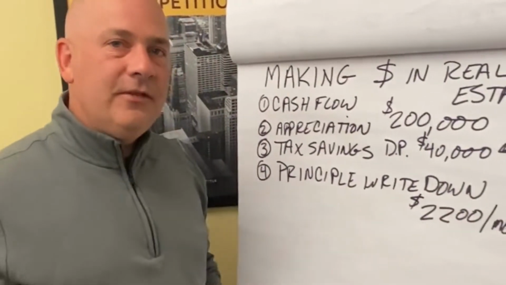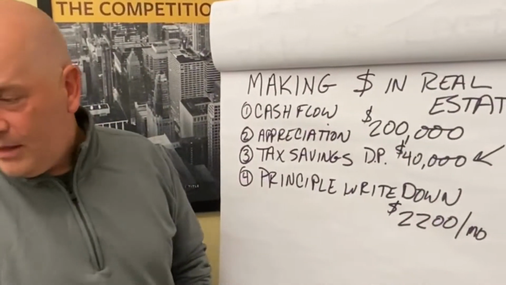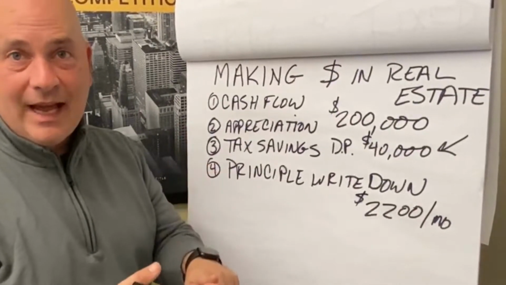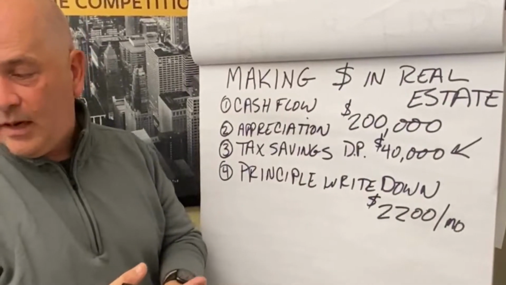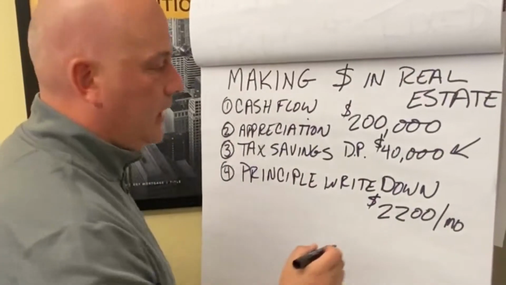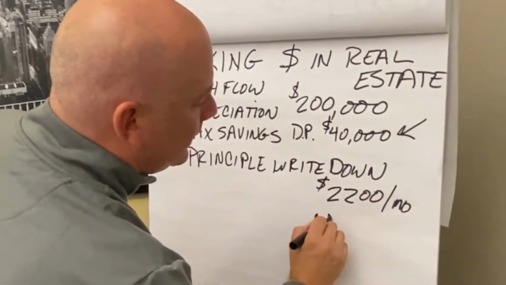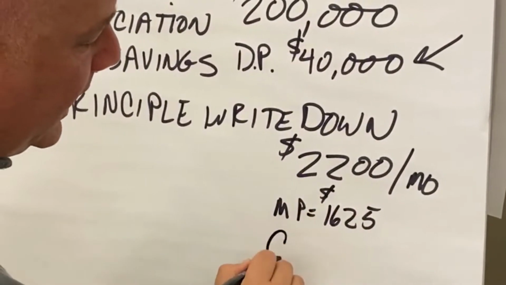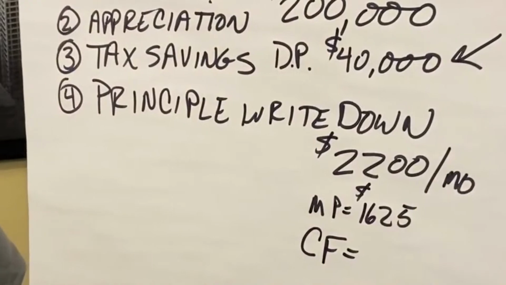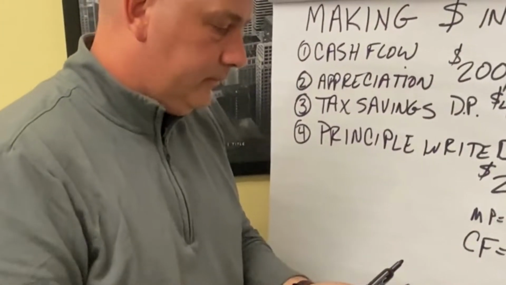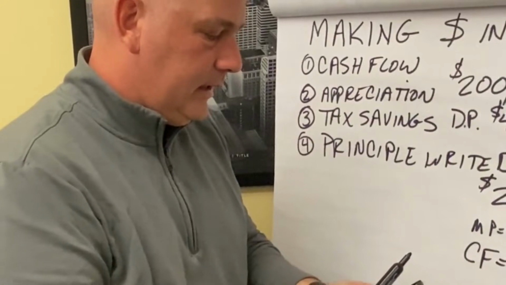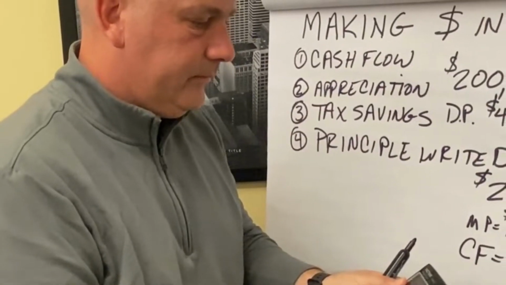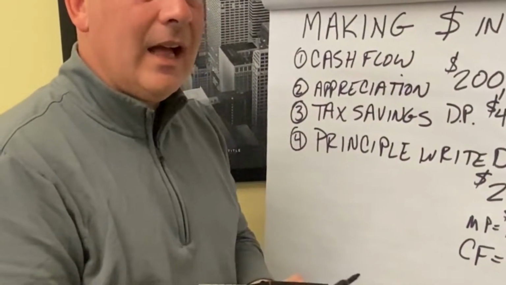So, let's figure this out. Your monthly payment for your principal and interest and your taxes and your insurance is going to be about $1,625 a month. So your cash flow should be, let's calculate this out, $2,200 minus $1,625, which is $575 every single month.